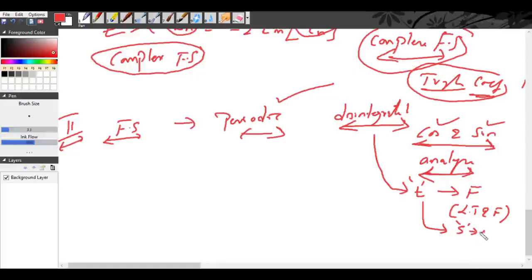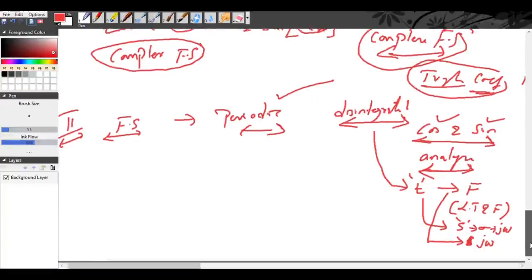The S domain is nothing but sigma plus j omega. But the Fourier transform converts the time domain signal into just j omega. Okay. I have already discussed this several times, so I am leaving it there. You can watch my previous videos to have more understanding of this.